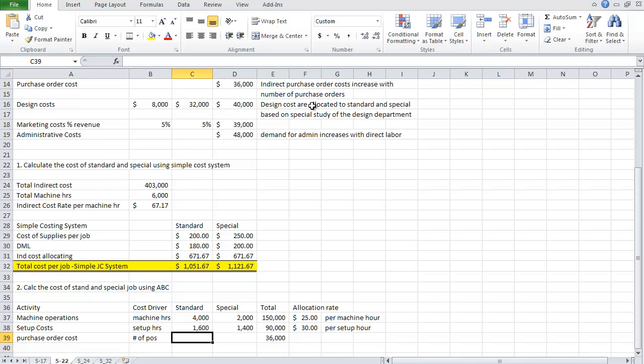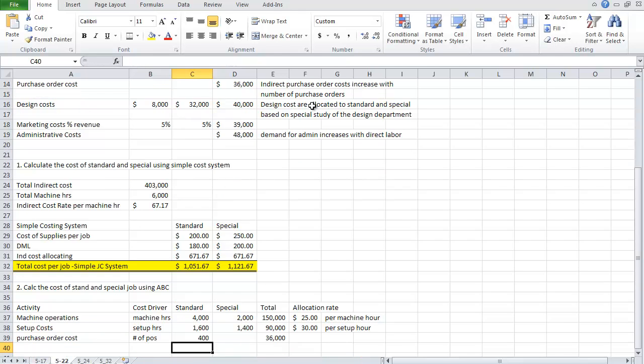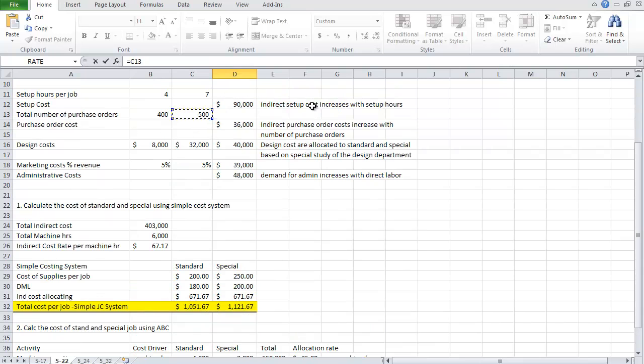In this particular case, the number of purchase orders was actually given, so we don't calculate it. We are told that there are 400 purchase orders for standard and 500 purchase orders for special, again from the material that we got out of our textbook.